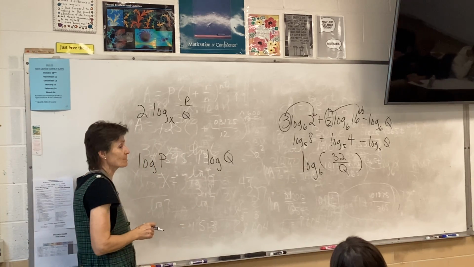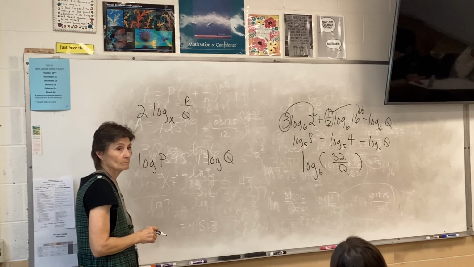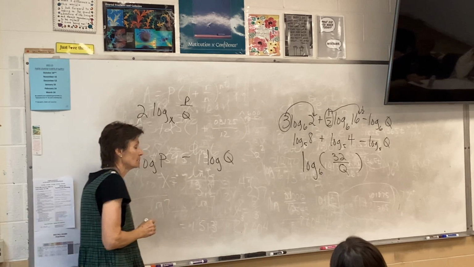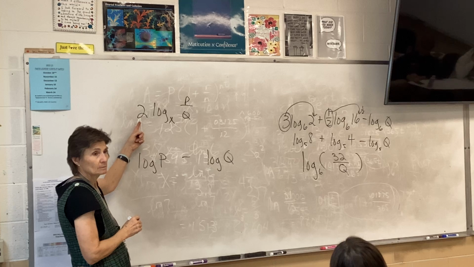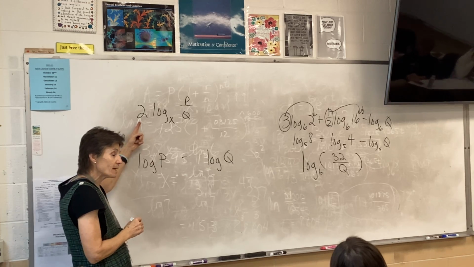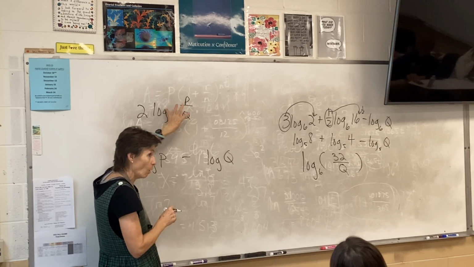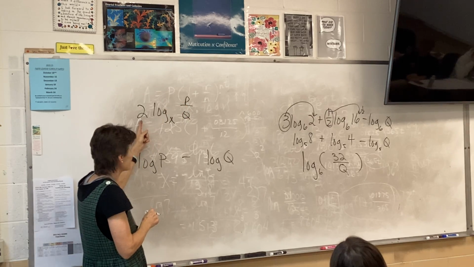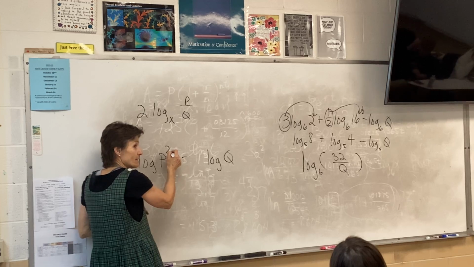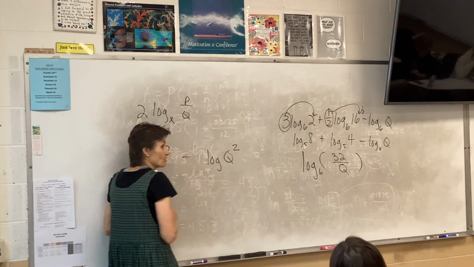They're gonna be added or subtracted? Subtracted. What's that do? That becomes an exponent, and since it's out in front of the whole logarithm, that is gonna go with the p and the q. 3, 4. There's your answer.